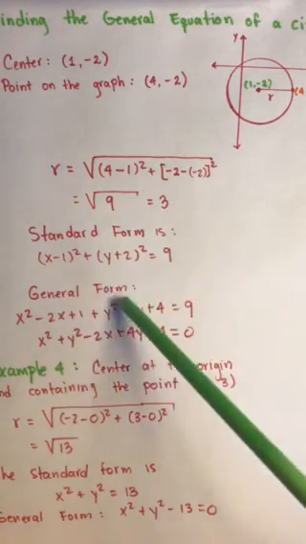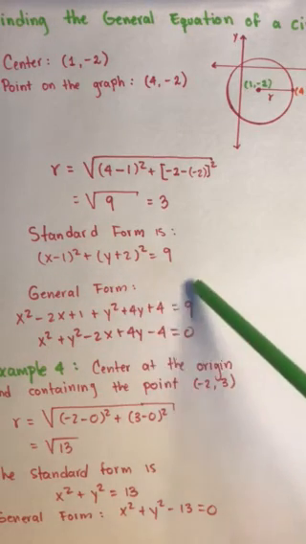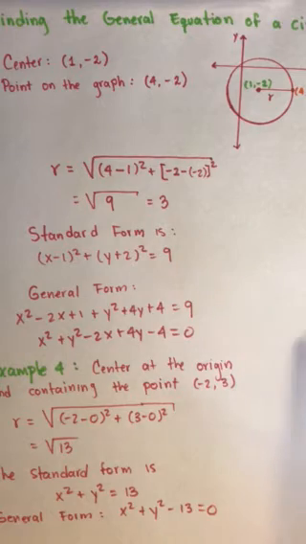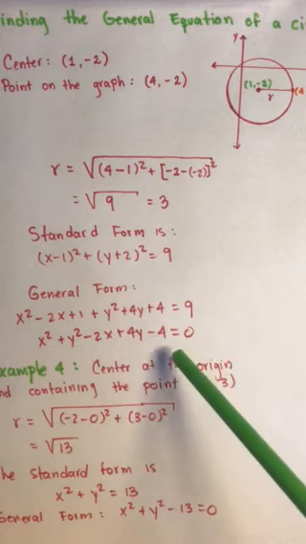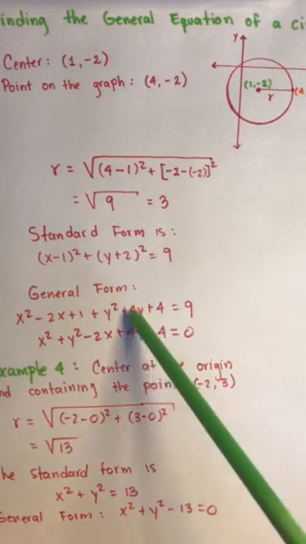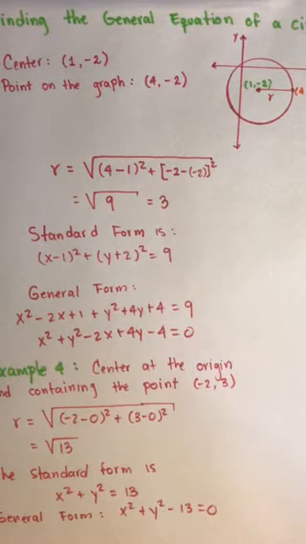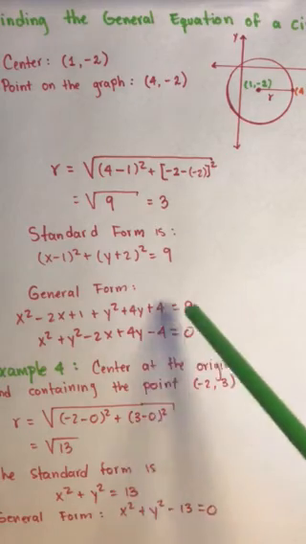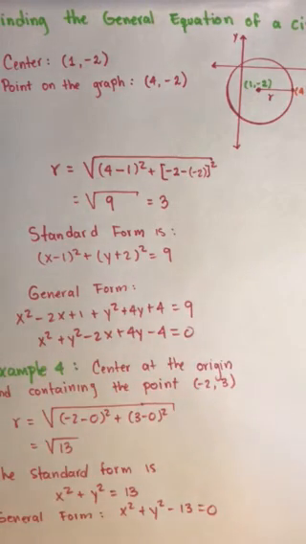Now we FOIL this, it will be y squared plus 4y plus 4, equals 9. So we get all the constants together. You subtract 9 on this side, and you get negative 9 plus 4 plus 1 equals negative 4. Okay, so now we get the general form of the equation. The general form. And let's do one more example.